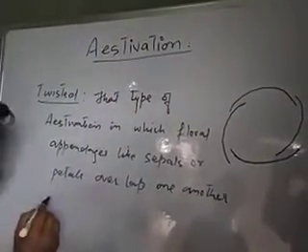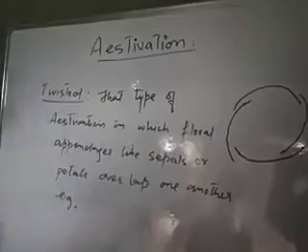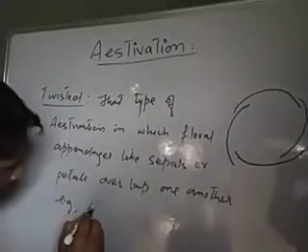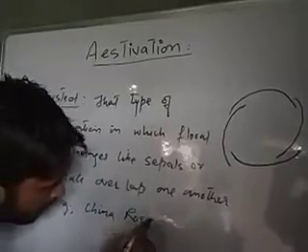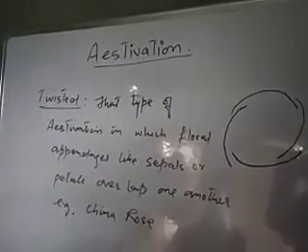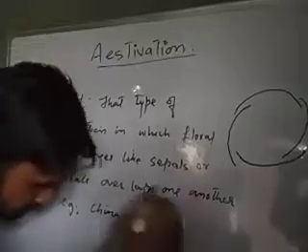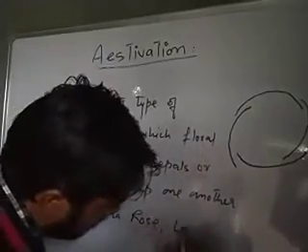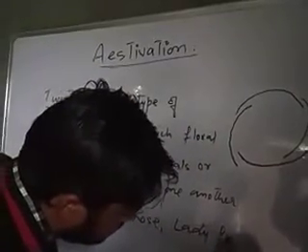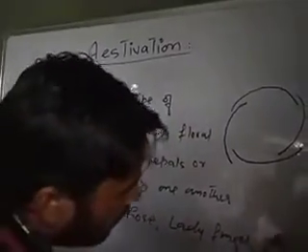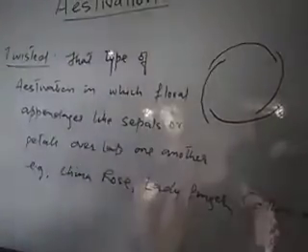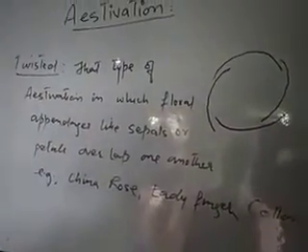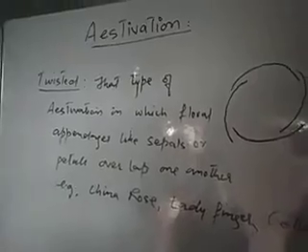Okay, the examples are China rose, ladyfinger, cotton, etc. These are the examples of twisted type of aestivation.